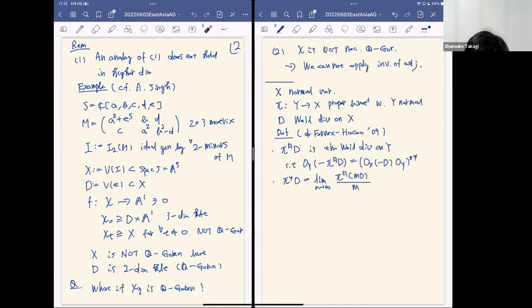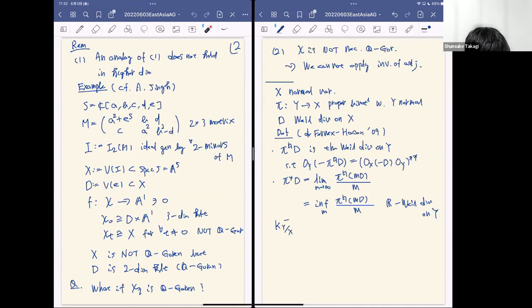Actually, this limit is equal to the infimum of the natural pullback of mD divided by m, and this becomes an R-Weil divisor on Y. Using this pullback, Dufresne-Heycon defined two relative canonical divisors.